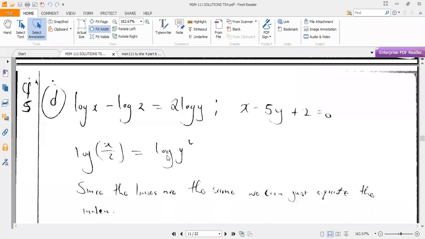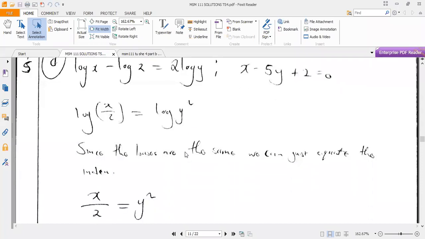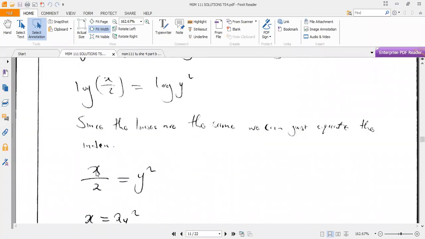If the bases are the same, we can simply say that even the arguments, x over 2 and y squared, are the same. If you know that the arguments are the same, you can easily equate them. So you can easily say x over 2 is equal to y squared, right?